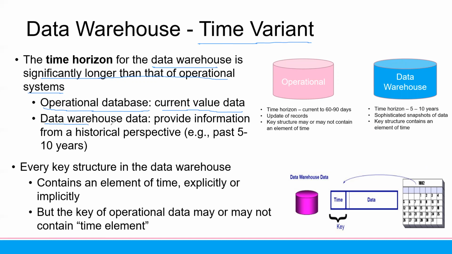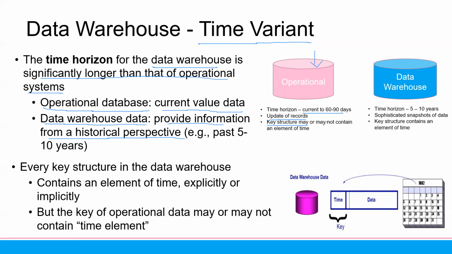If we are dealing with the data warehouse, we provide the information from the historical perspective. Sometimes, people say that for the operational, the time horizon is about 60 until 90 days. So we call this operational. And you need to update the records.